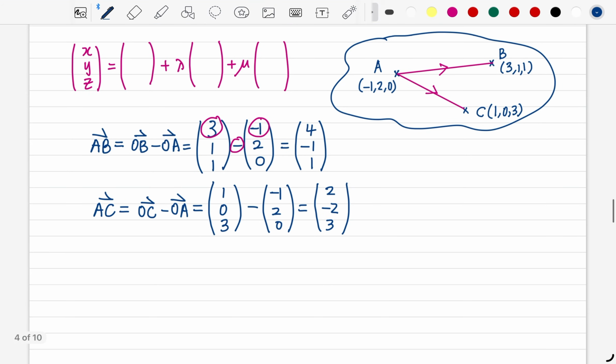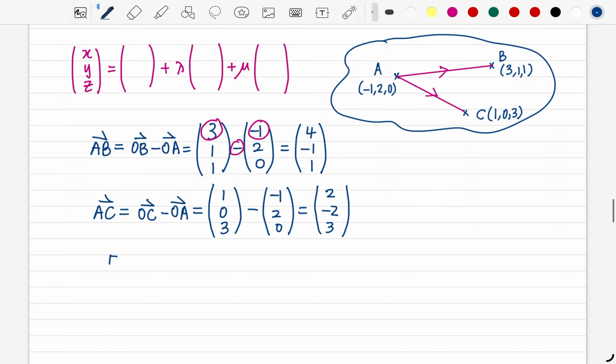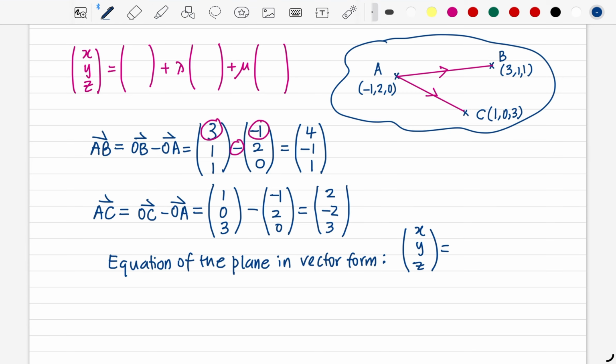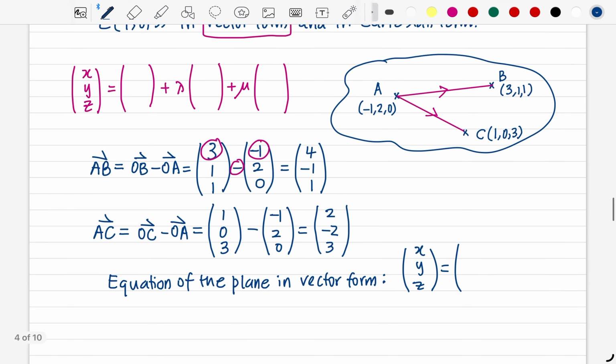So the equation of the plane in vector form is represented by (x, y, z) equals (-1, 2, 0).